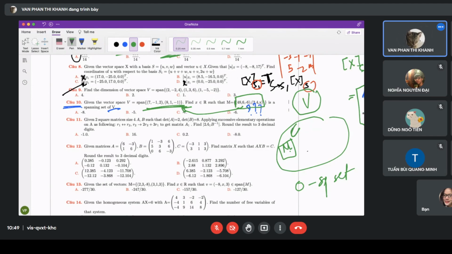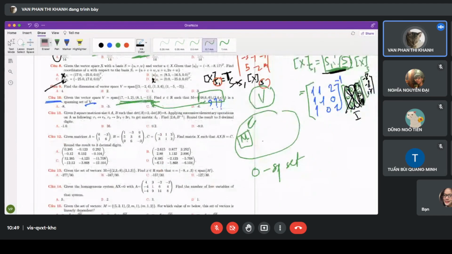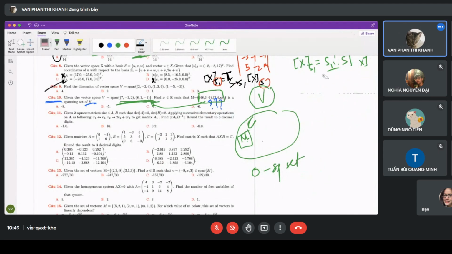Not V, but the spanning set of V. Oh no, here, the spanning set of V. V is a space. We don't say that a vector is a linear combination of a space, right? It's a linear combination of a spanning set. Got it, Duy? V is a space, and we are talking about a spanning set of the space, right?